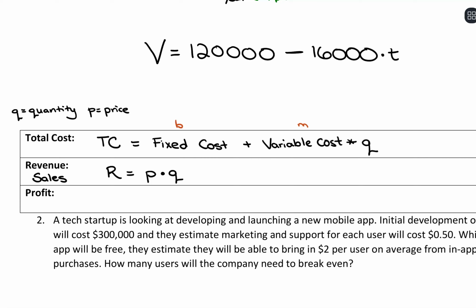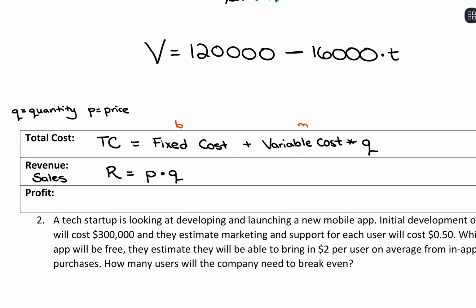So if we are selling phones for $1,000 a piece, if we sell 5 phones, we would have 5 times 1,000. Yeah, we made $5,000. Awesome. So revenue is just the money that's brought in by selling a certain amount of items.